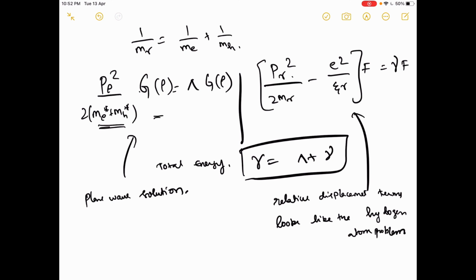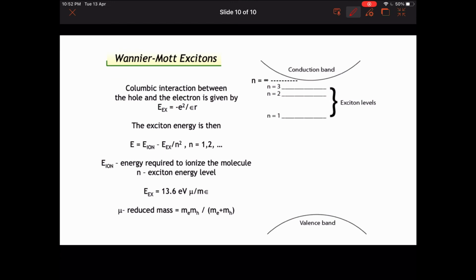And when you have a hydrogen atom problem, you know how the energy levels are distributed, right? So that is given here. So when you have a valence band and the conduction band, and when you have a very strong electron hole interaction, it acts as if you have exciton energy levels which are like hydrogen atom energy levels.